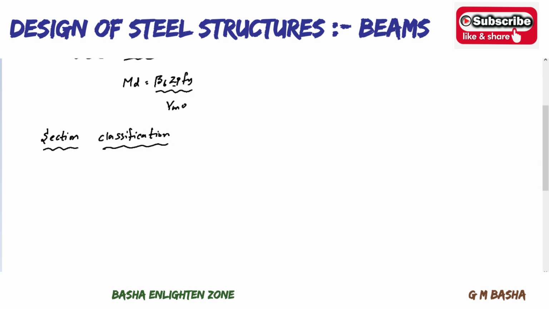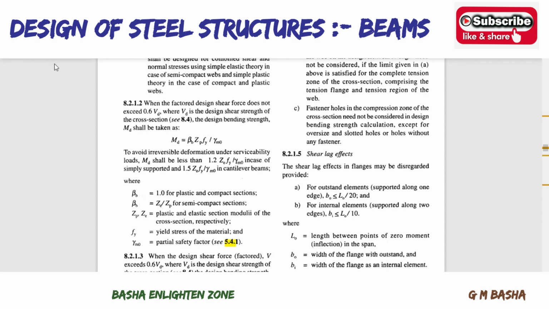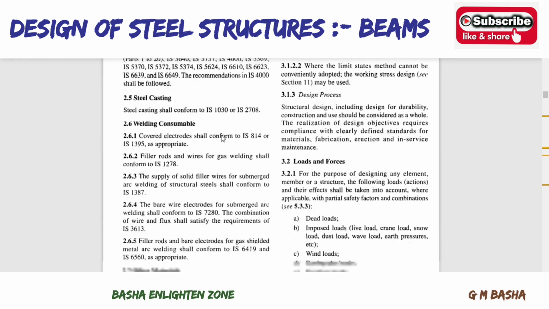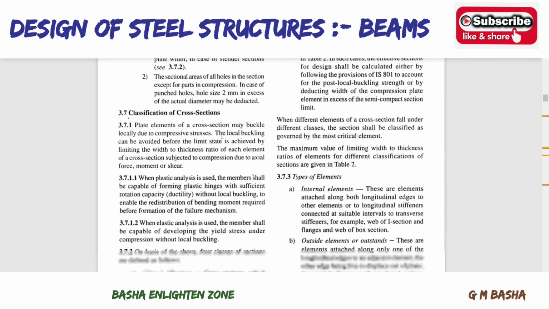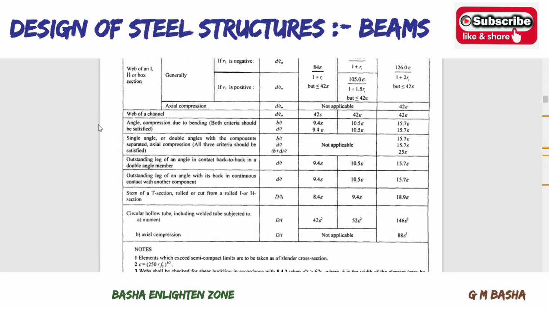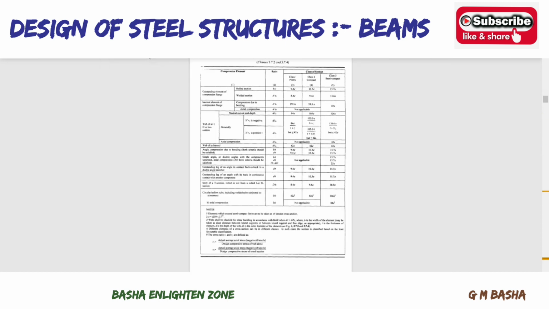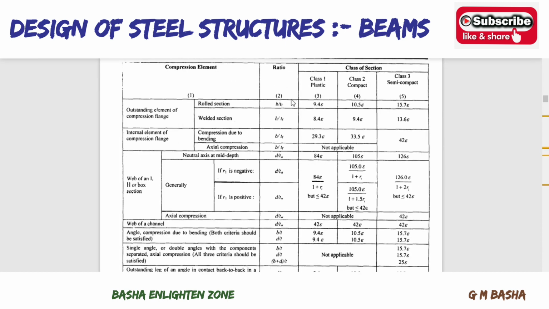Again you can check the code, page number 18 for section classification. See here, this is the table related to section classification. See here, class 1 will be plastic, class 2 will be compact, class 3 will be semi-compact.